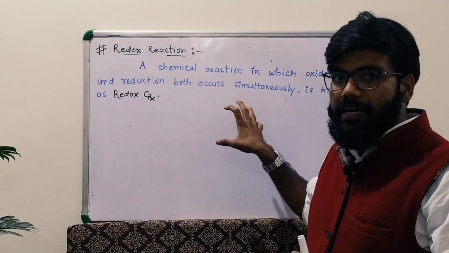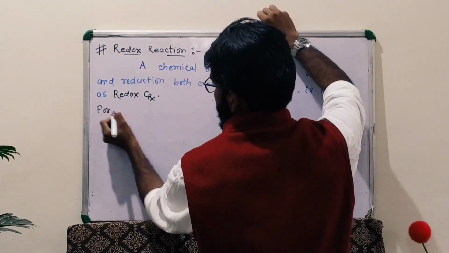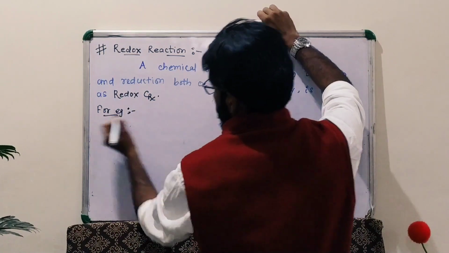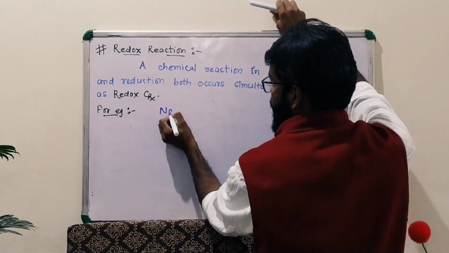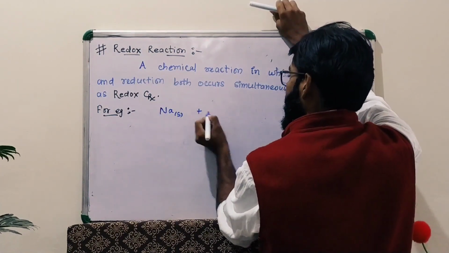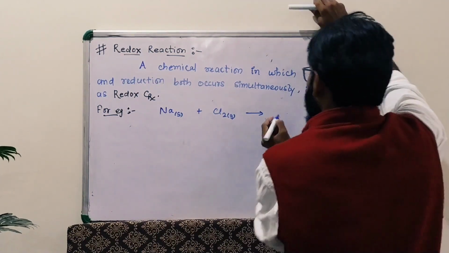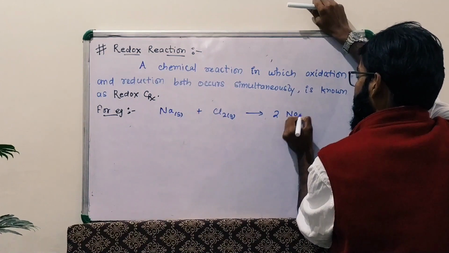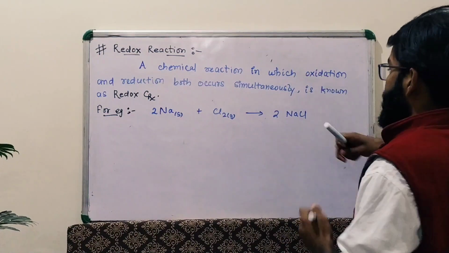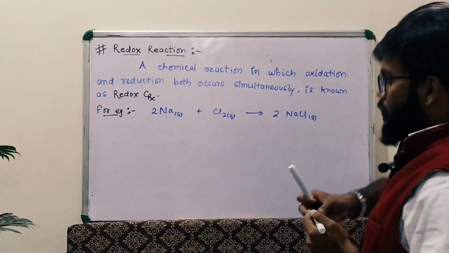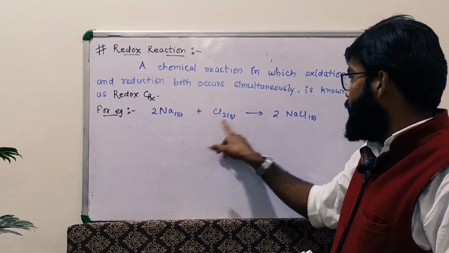Let us understand it with an example. Sodium reacts with chlorine to give NaCl.